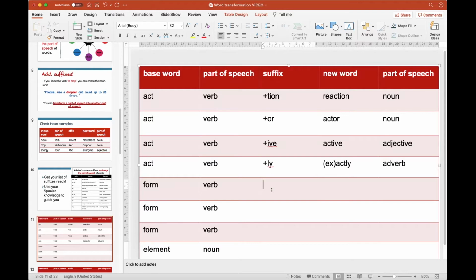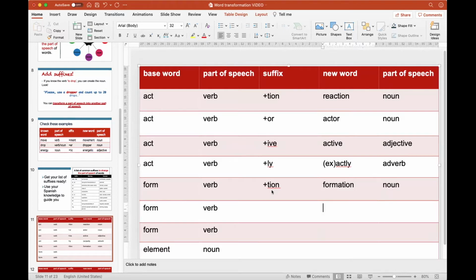We can put TION, like formation. And the part of speech would be, I don't know, a noun. A noun, excellent.